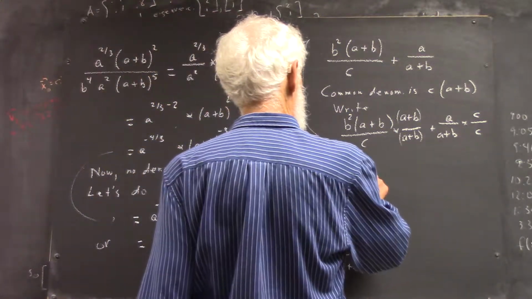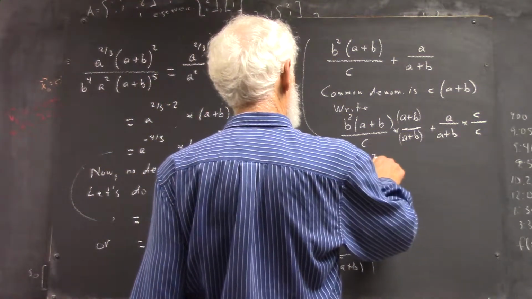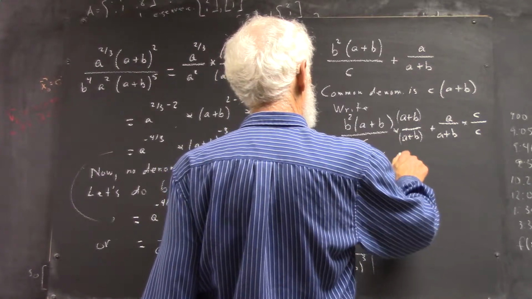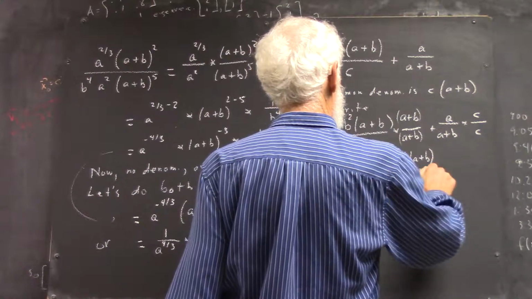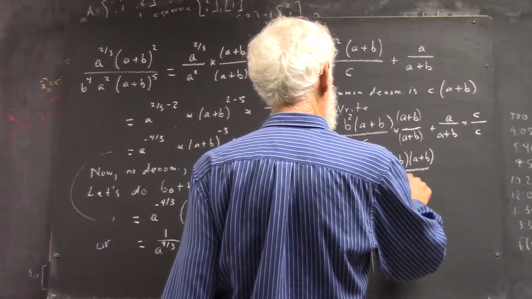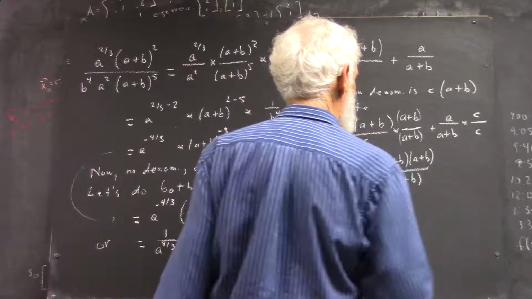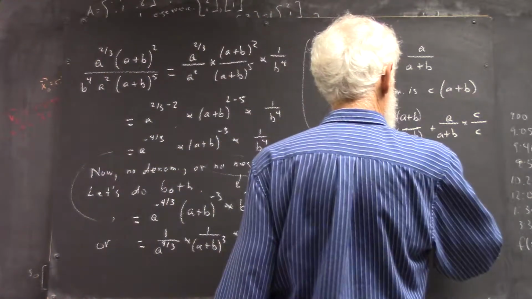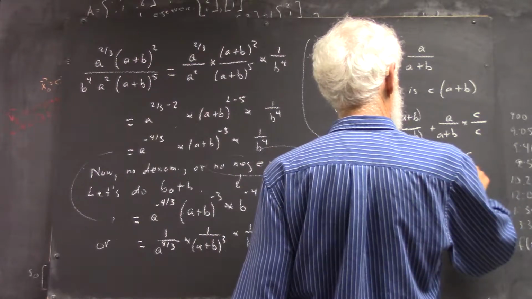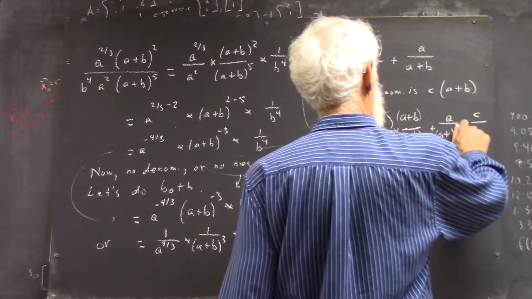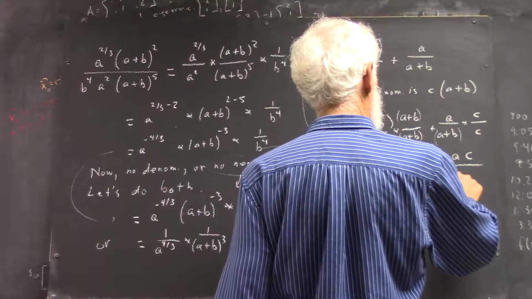So now you have B squared times A plus B times A plus B over C times A plus B. And then that's plus A times C, which is just AC. Better put parentheses around that so we don't mess up.